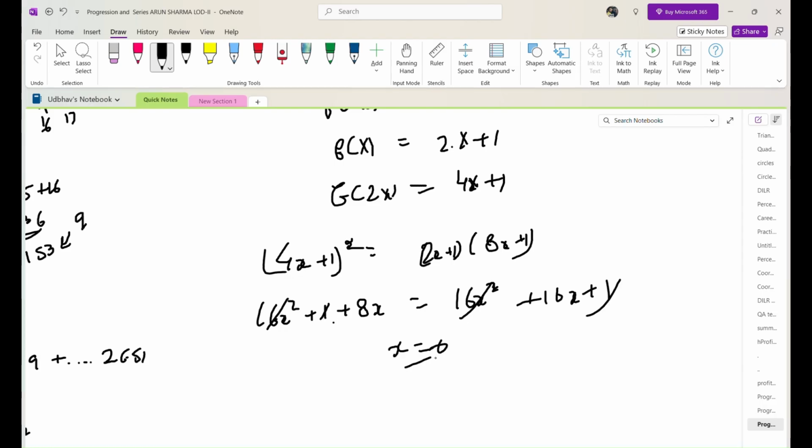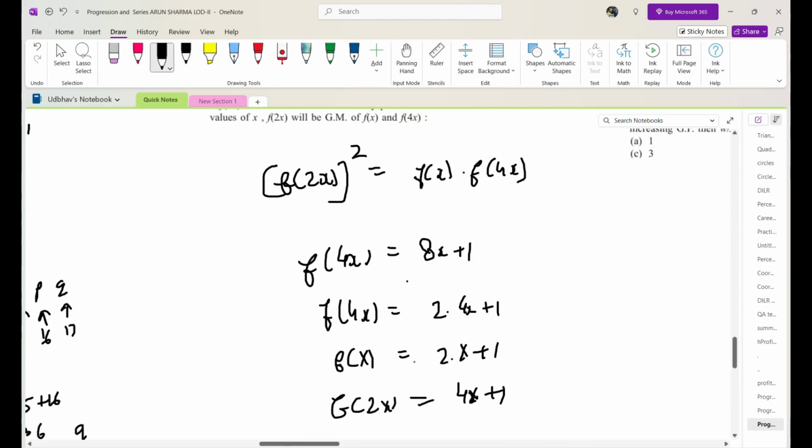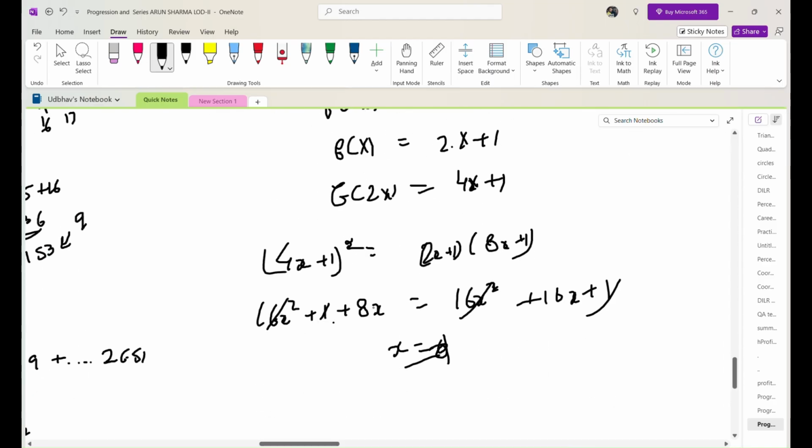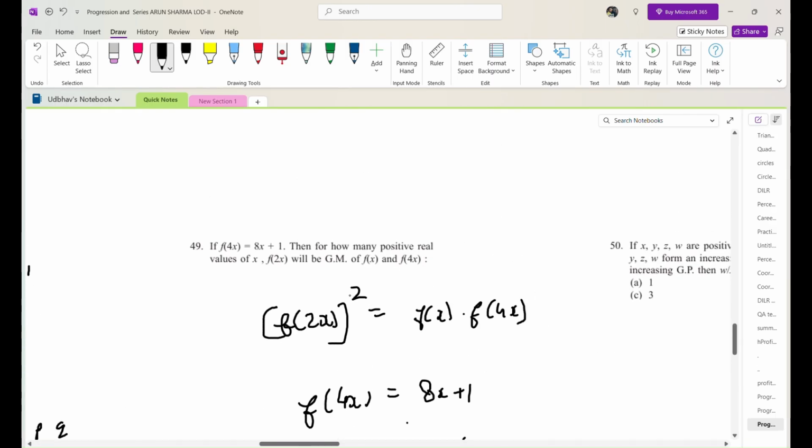So x equals 0 because x will get cancelled. There are no positive values of x for which this will be true. No value.